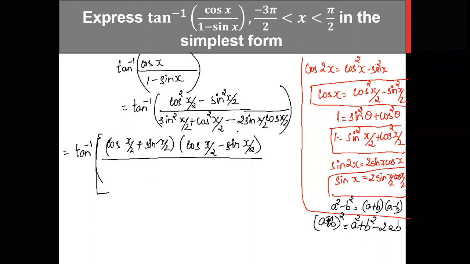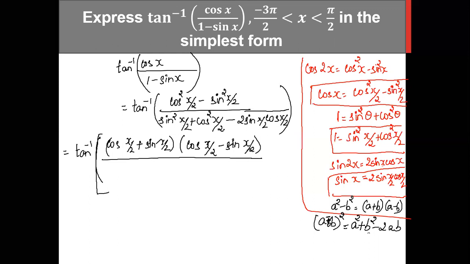Now if you see the denominator, it is sin square x by 2 plus cos square x by 2 minus 2 sin x by 2 cos x by 2. So if you compare this with the right hand side of a minus b whole square, you can write a as sin x by 2, b as cos x by 2, and minus 2ab.